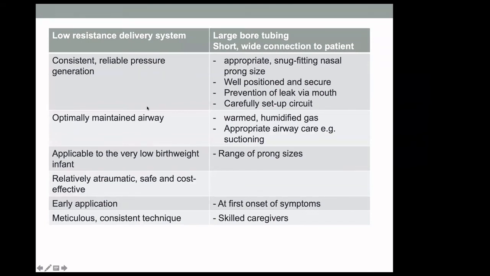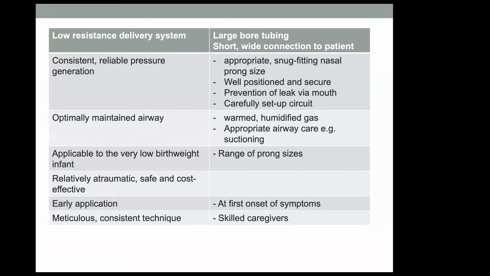So the main benefits of CPAP are that it delivers a reliable pressure consistently, but it is dependent on having snug fitting nasal prongs or a good seal around the mask. The circuit and the equipment need to be set up properly in order to deliver this constant pressure. And like Vapotherm, it is a warmed humidified gas.